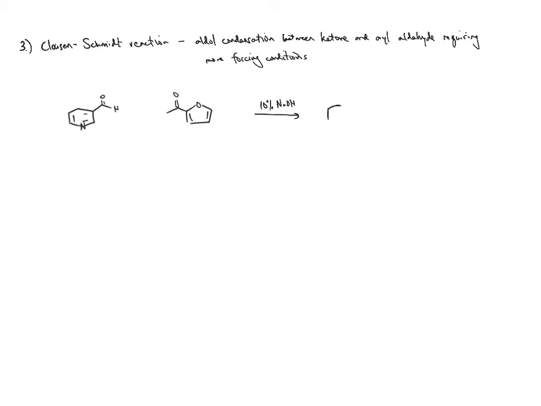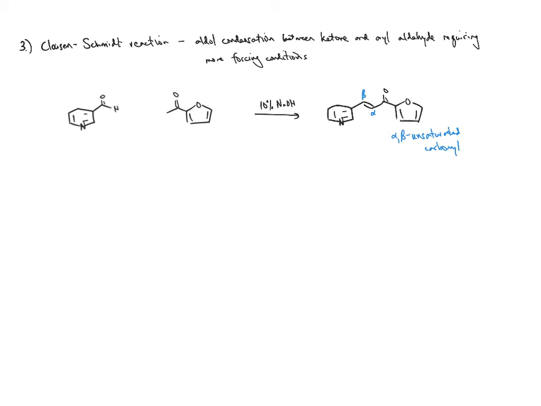What we're going to get is an elimination product, or aldol condensation product, in which we've got this species here. Right, and so we have an alpha-beta unsaturated carbonyl as our product.